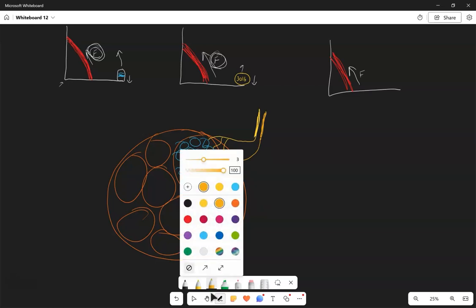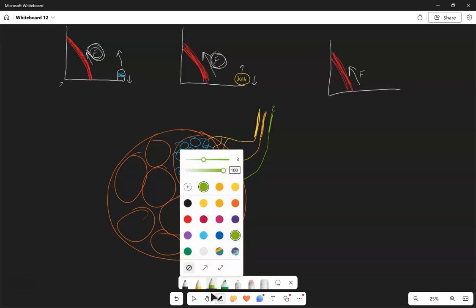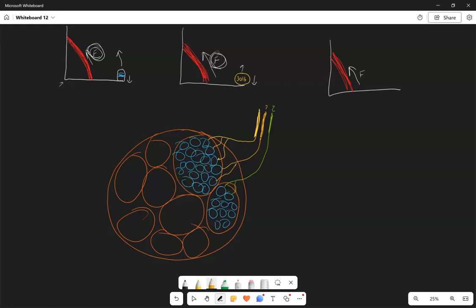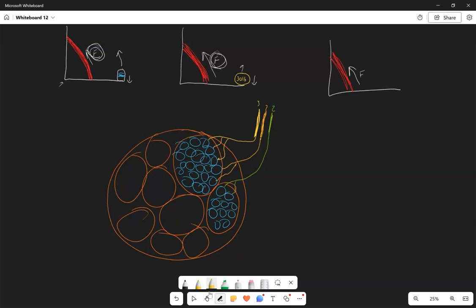Okay, and then let's do a green one. This neuron's going to come down and hit maybe this myofiber and that myofiber. Okay, so green activates 2 myofibers, our dark yellow is 2 myofibers, and our yellow is 3 myofibers.